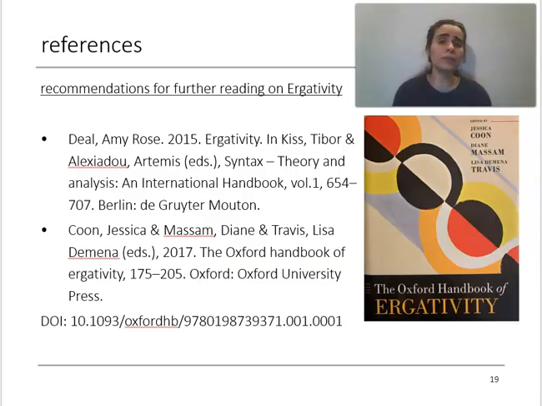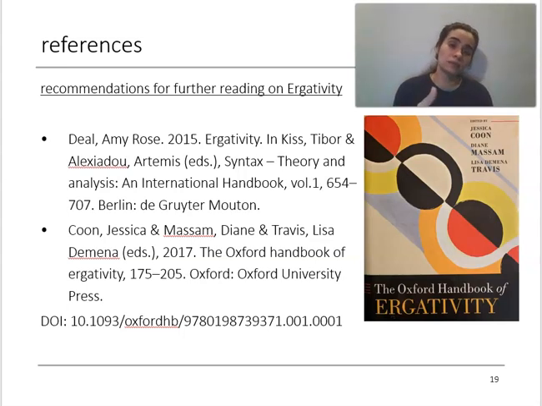Here is the paper by Amy Rose Deal, which provides a very detailed cross-linguistic account of what ergative does, what kinds of ergativity there can be, and how it can be analyzed from different perspectives, from a morphological view and from a syntactic view.